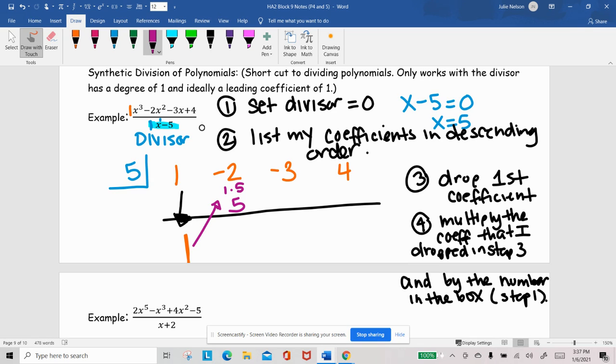And then from there, the next step is I add or subtract the column. A column is going up and down, so I'm adding that -2 plus 5. So that -2 plus 5 is 3.